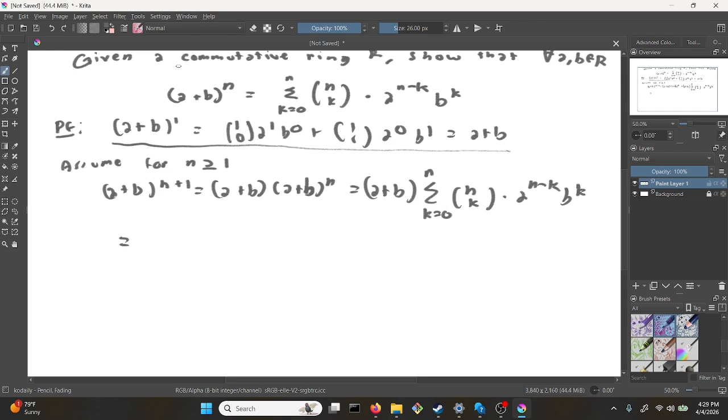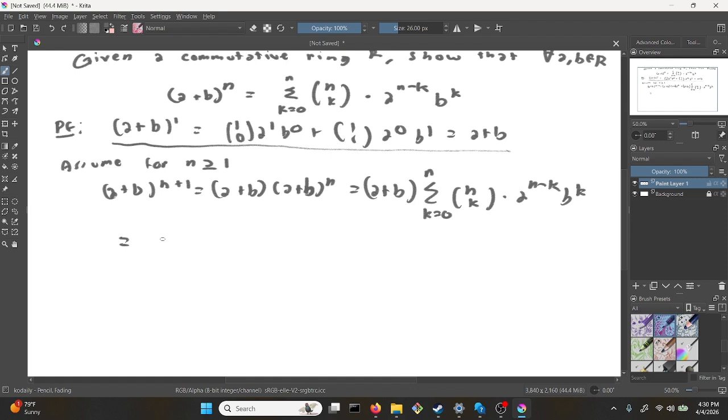And since we're in a commutative ring, which is important here, we can move these ring elements over, because right here, the a would end up somewhere here, and the b would end up here too. But for the b, you wouldn't be able to merge it into this power if it weren't commutative. So that's why it's important for it to be commutative.